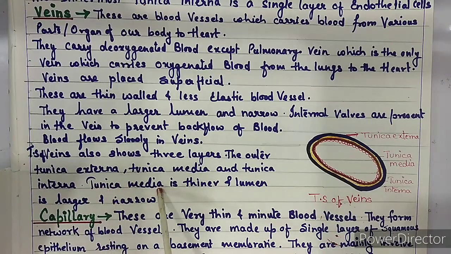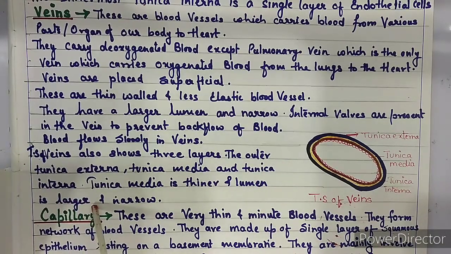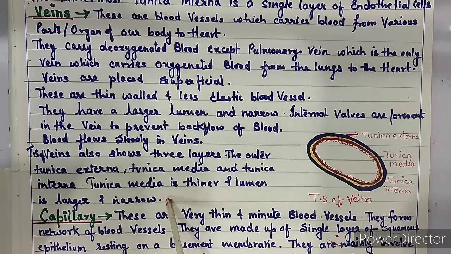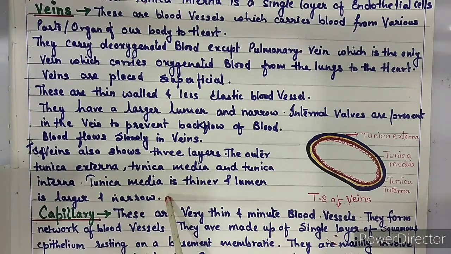Now this tunica media is thinner, as I told you, and the lumen of the vein is larger, and not only larger, it is narrow also. Fine children? So these are the differences very clearly seen between the two blood vessels, arteries and veins.